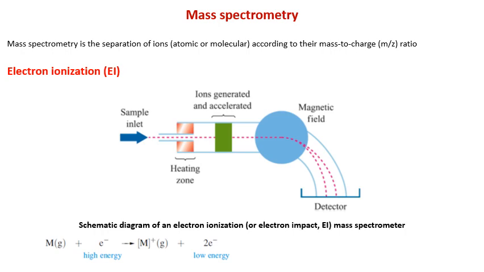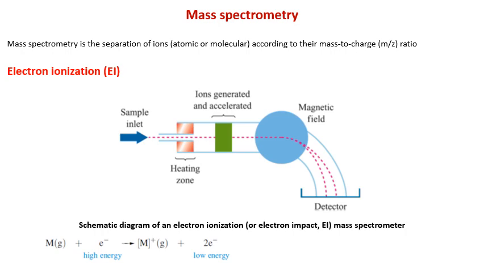Therefore, this electron ionization mass spectrometry is classed as a hard technique, because along with the molecular ion peak, we are also getting fragmented parts of the molecule.